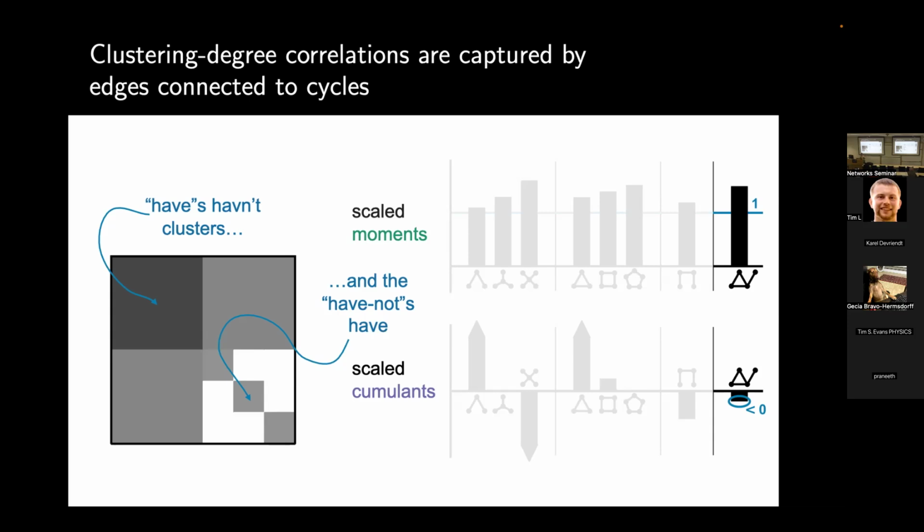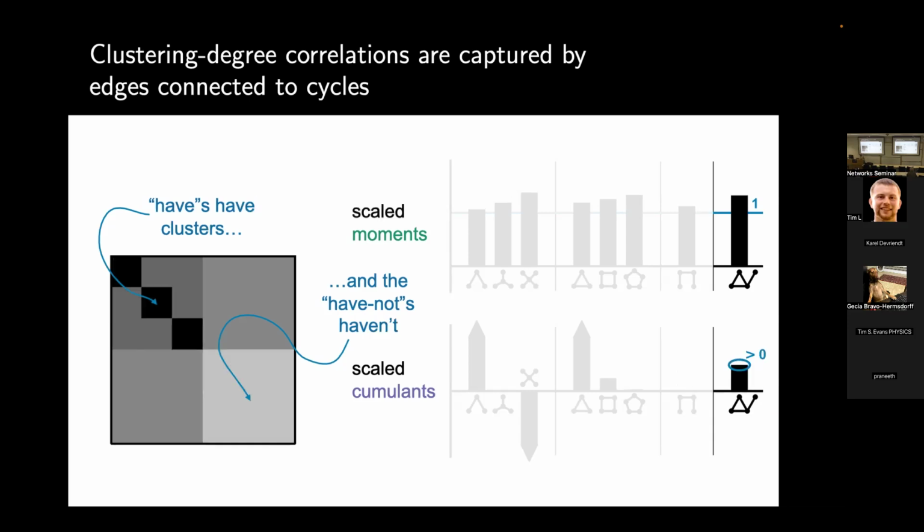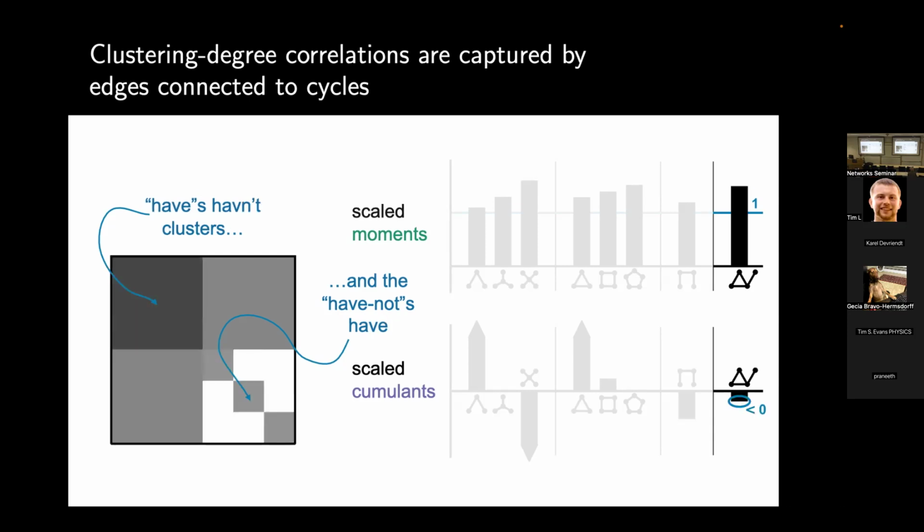Not everything is going to have a nice word interpretation. But here I'm focusing on one thing, because if you take the complement, you just flip the sign of the odd cumulants. This one is detecting this correlation between clustering and degree.